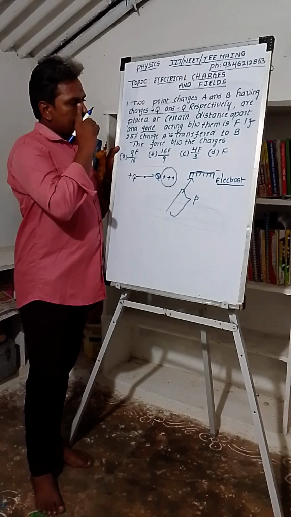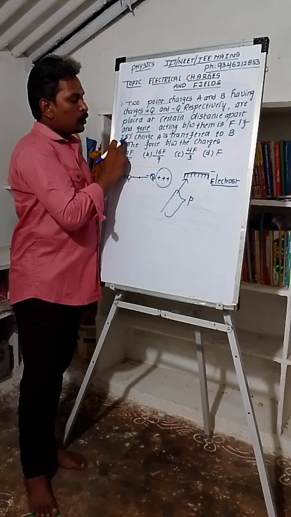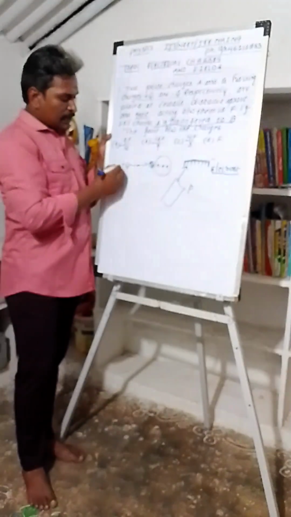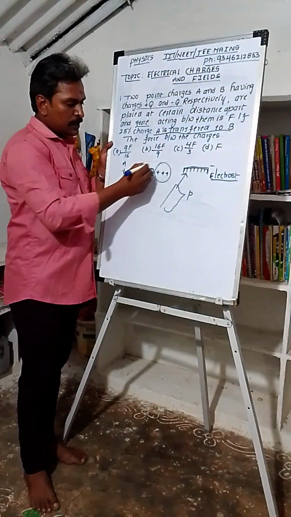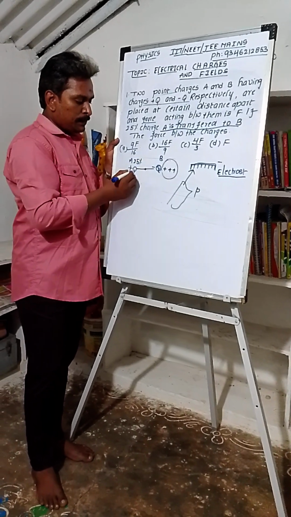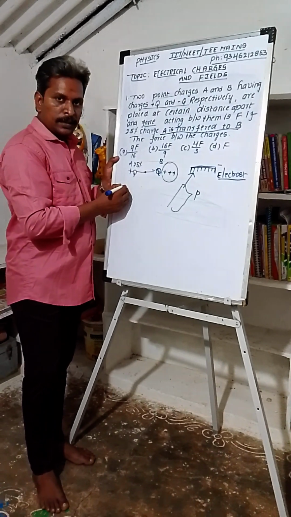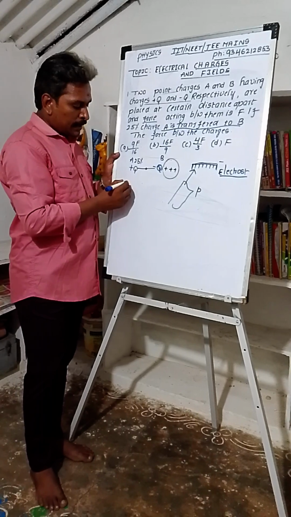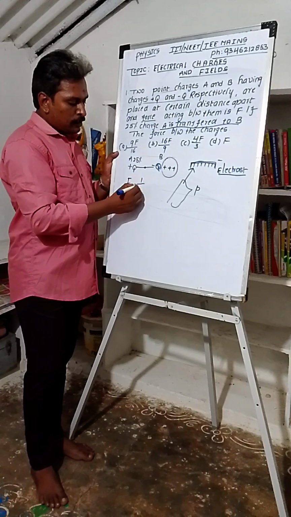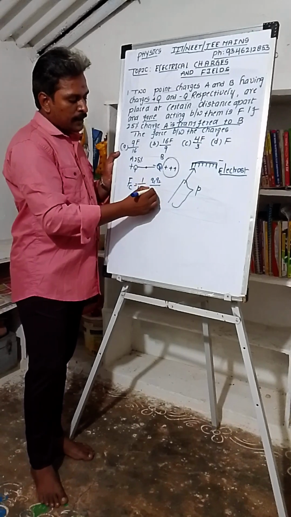interact with each other. Acting between them is force F. If 25% of the charge is transferred to B, that is, we take A as positive charge and B as negative. If 25% of the charge is moving from A to B, first of all, electrostatic force, which we express as Coulomb force, is equal to 1 by 4 pi epsilon naught q1 q2 by r square.